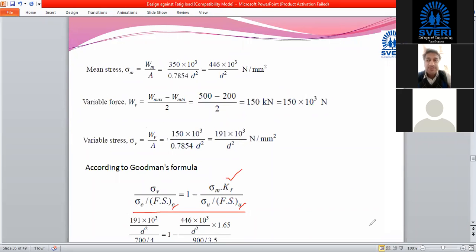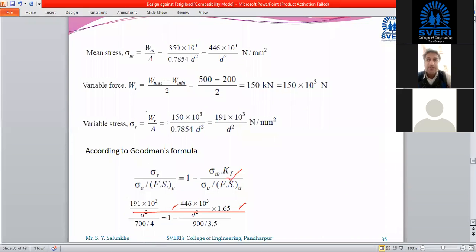Now when we put the values of all the average stress, endurance stress, mean stress, and ultimate stress, as well as the factors of safety for the respective types of stress and the actual stress concentration factor, we get the value of d.